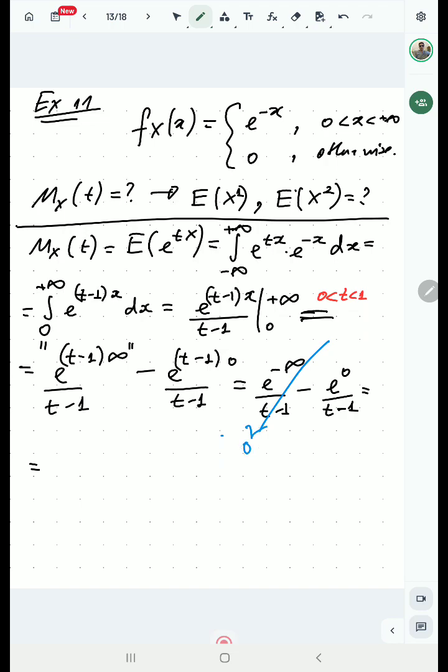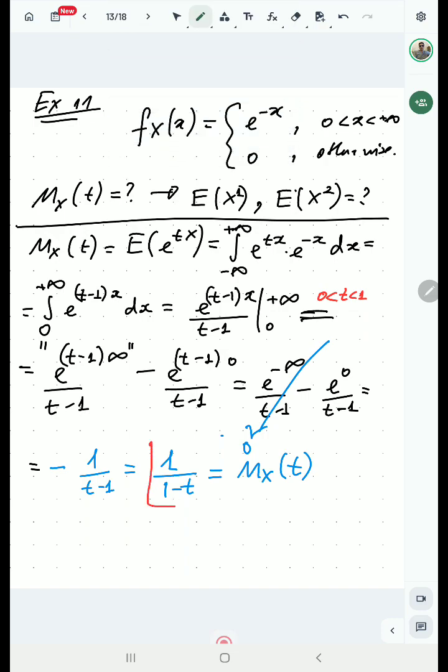This is 0. And then you receive minus 1 over t minus 1, which can be rewritten, given t is less than 1, as 1 over 1 minus t. So this is the moment generating function of x. Remember that.